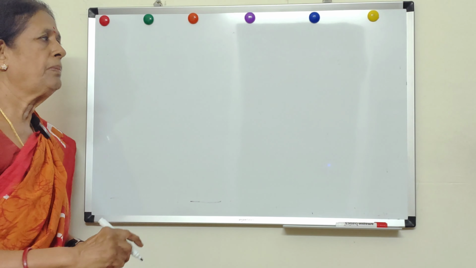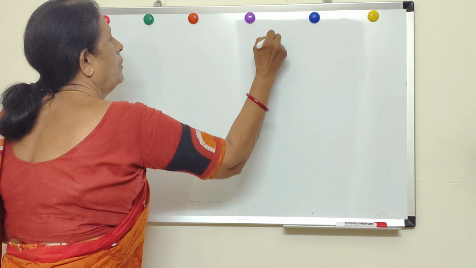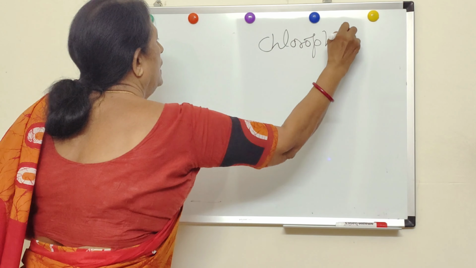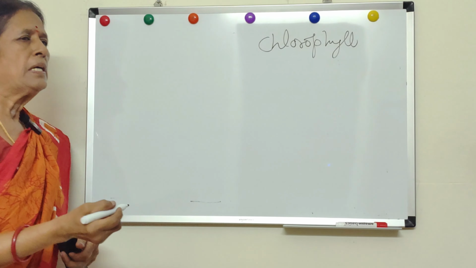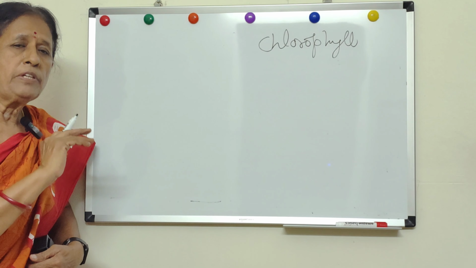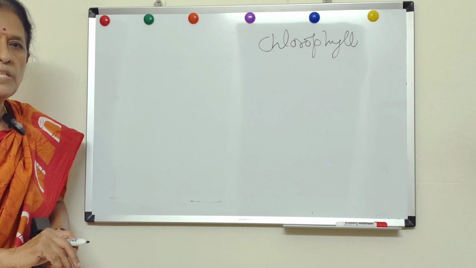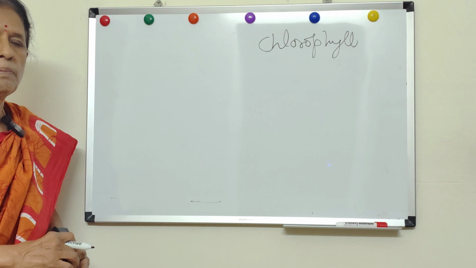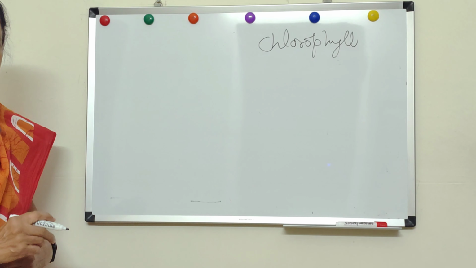Because of the presence of a pigment called chlorophyll. Chlorophyll is present in an organelle called the chloroplast, and we shall see where the chloroplasts are present in the leaves.